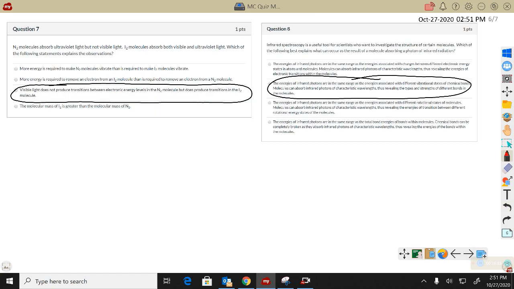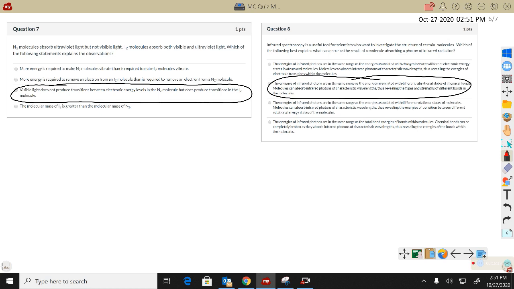Two other questions that are along the same lines are 7 and 8, just to show you what has been put on the AP test in reference to this type of question. Something like 7: nitrogen molecules absorb ultraviolet light, but not visible. Iodine molecules absorb both visible and ultraviolet.